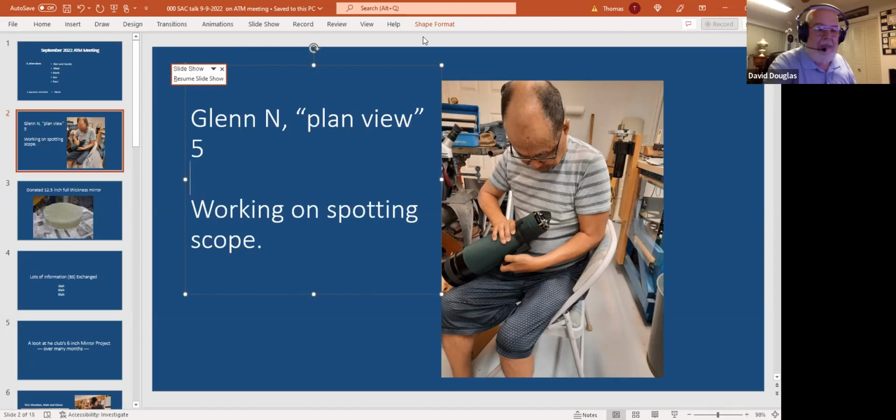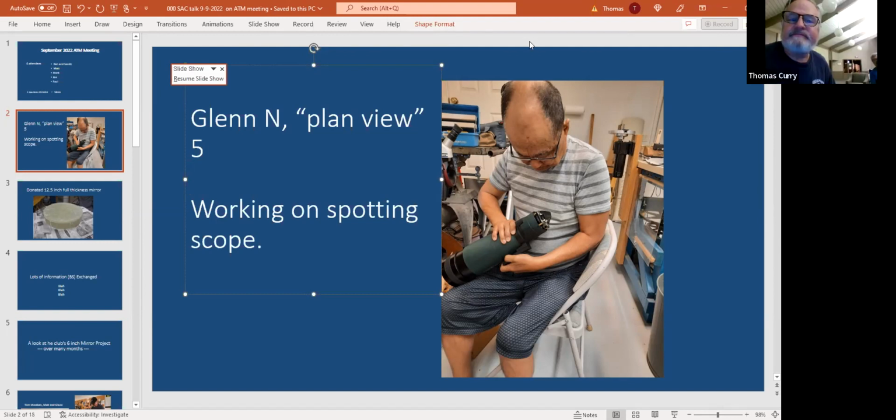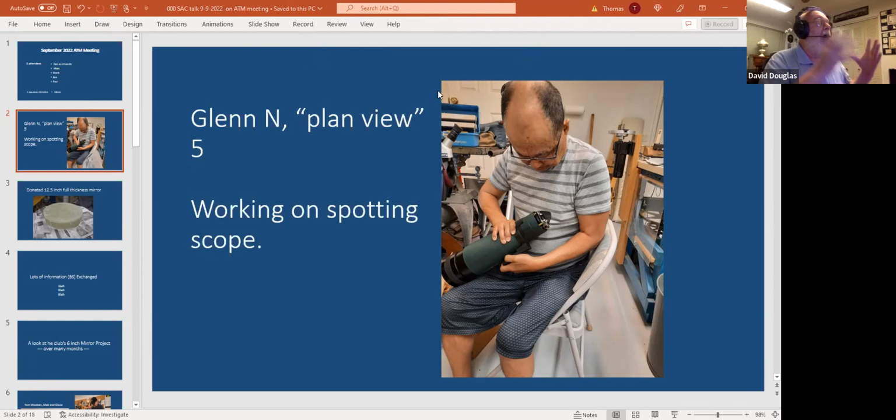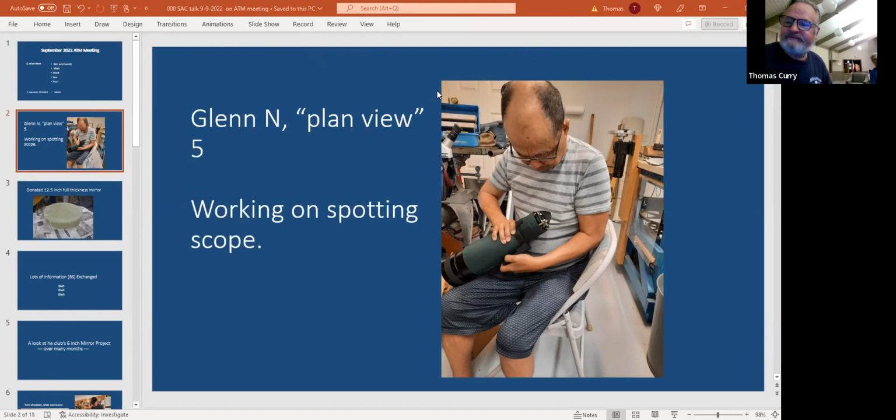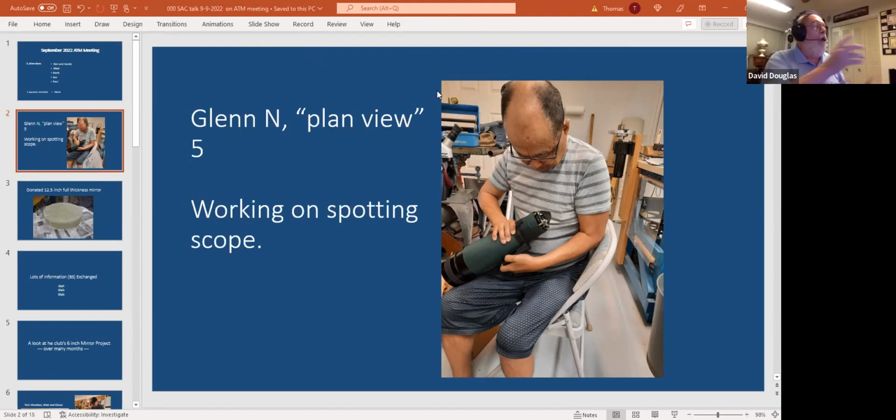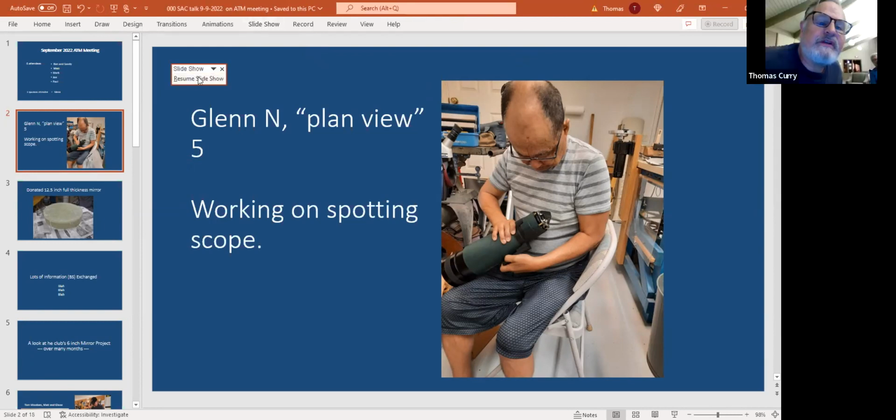Hit the escape key because right now you're in editing mode. There you go. Now go up and click slideshow across the top. Resume slideshow. Yay! Okay.